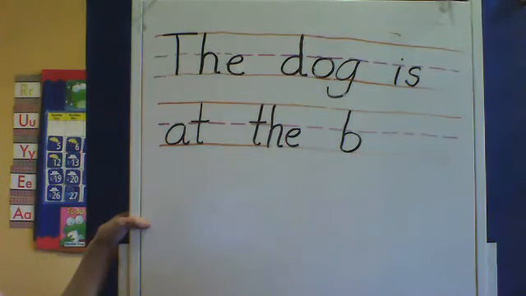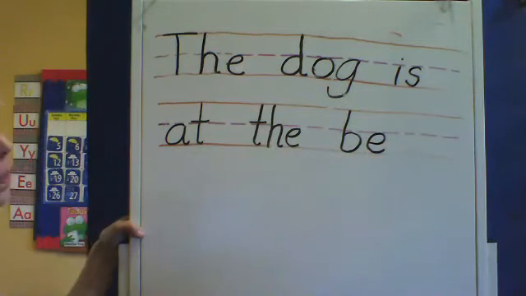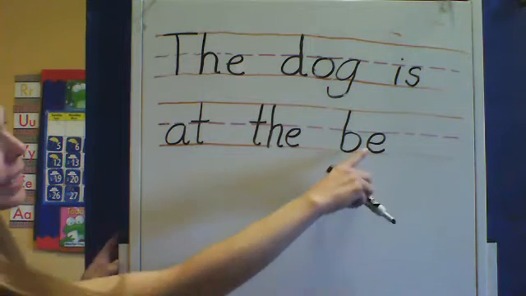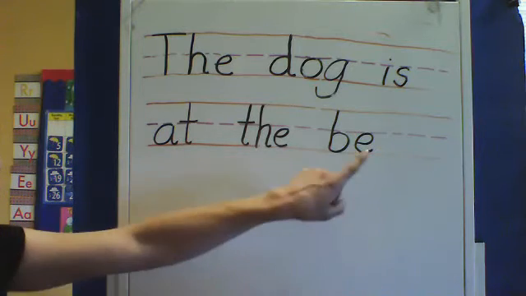B, E. Hopefully you are hearing and making it yourself, but hearing the E, the long E sound. When E says its name, we call that the long E sound. E. Beach. So that ch sound, we talked about that.